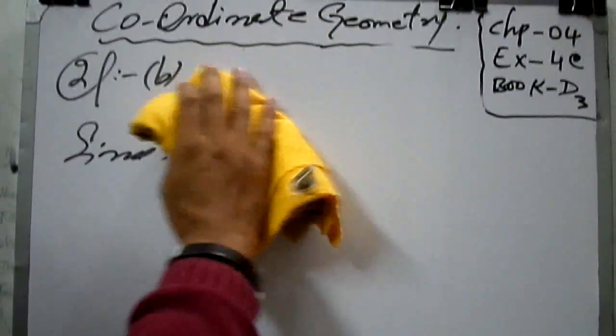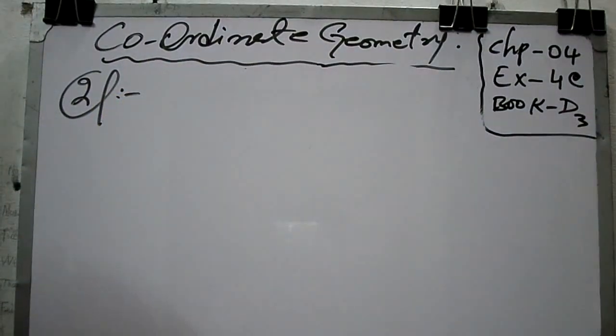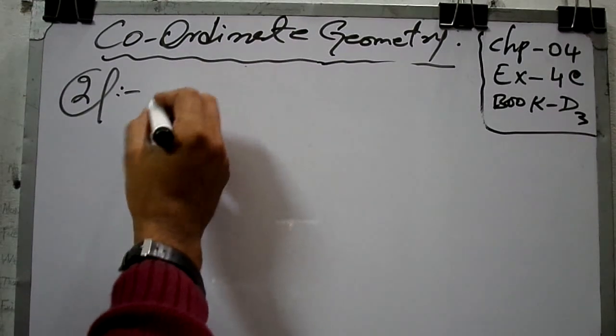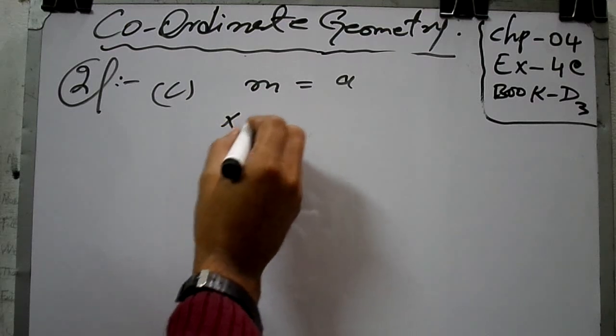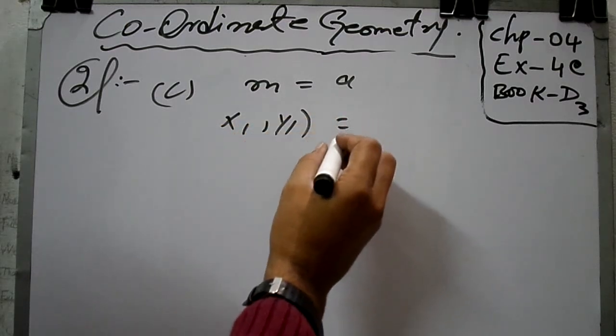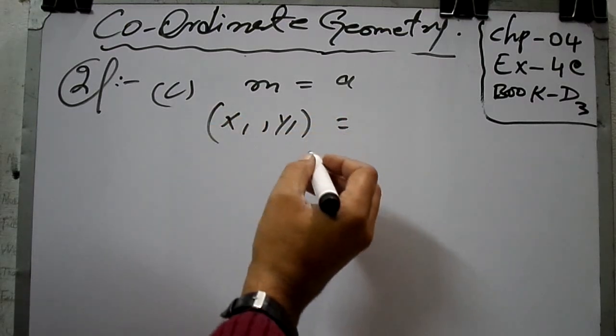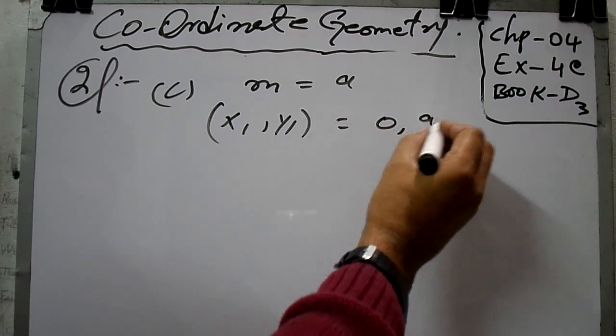Similarly, in C part, slope is equal to a and the point is 0 and a.